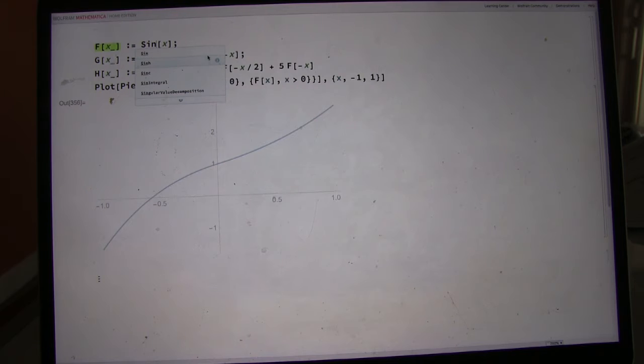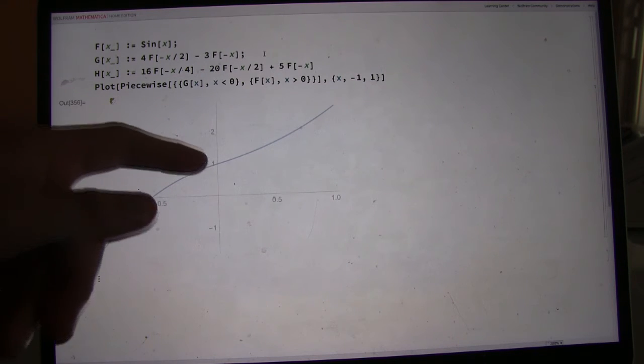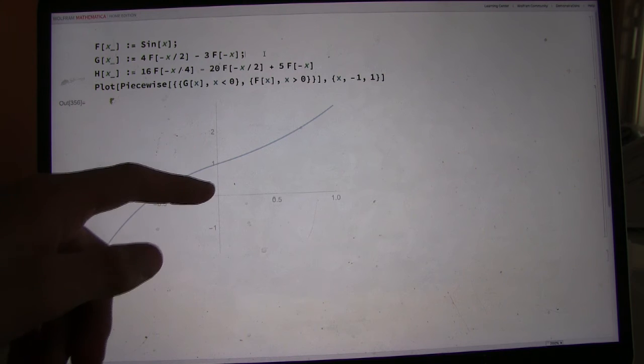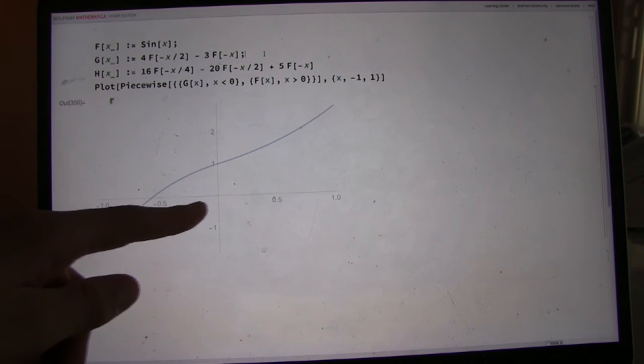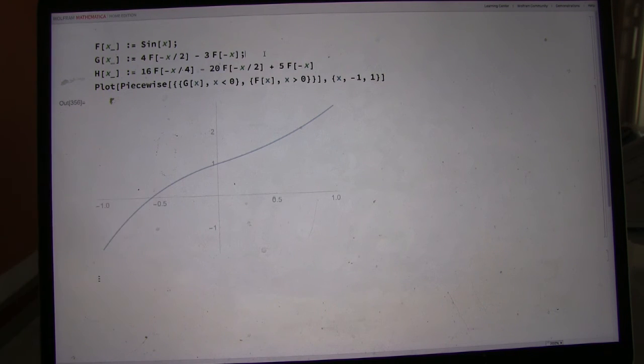Before you hit return on this, what do you think qualitatively this is going to look like? We're only going from -1 to 1, so a reflection. You might have the normal sine wave over here, and then maybe a sort of distorted sine wave on this side. What does sine x look like near x equals 0? It looks like x.